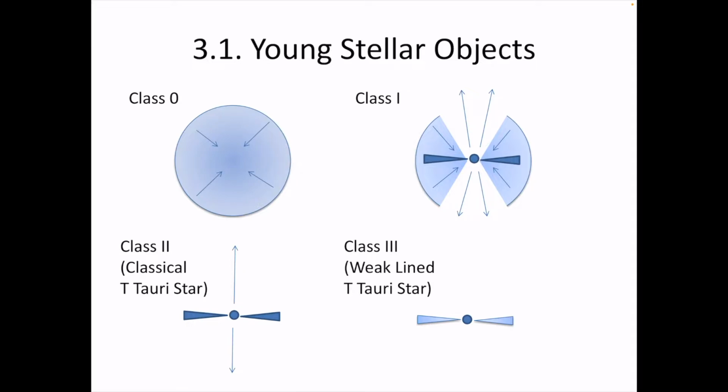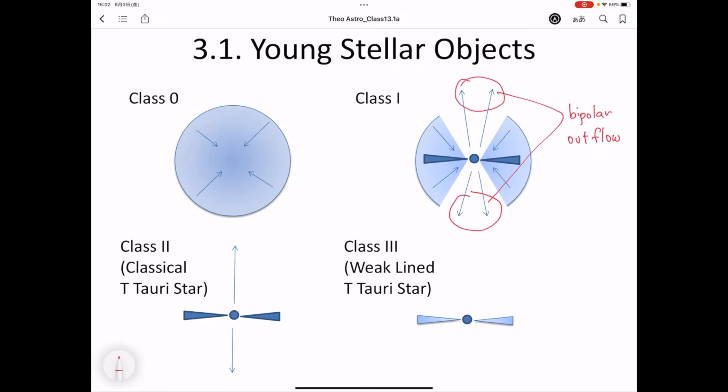In class 1, still some of the gas remains in the outer regions. The size of the disk is about a few hundred AU. In these figures, you might recognize bipolar outflows, forming a disk around the protostar. This is a disk.